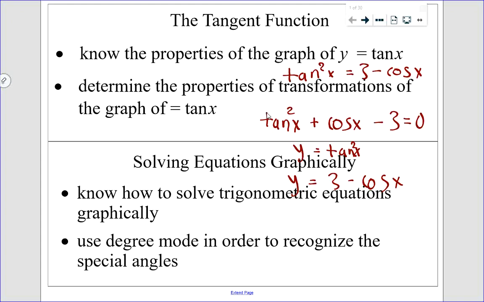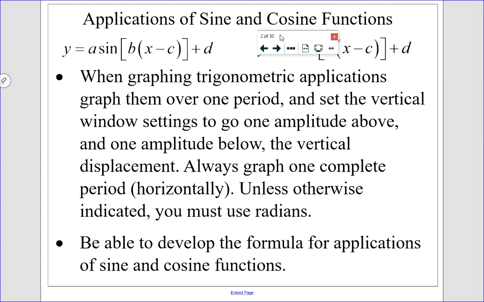And then the other thing that we looked at before we got into identities is transformations and applications of sine and cosine functions. So these are problems like the water in a harbor going up and down, or it could be the frequency of a police siren going up and down over time.